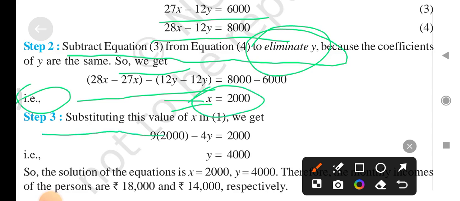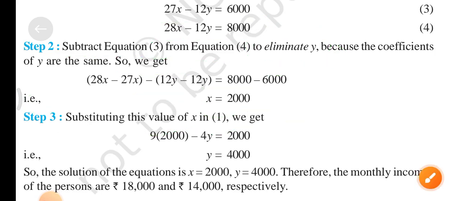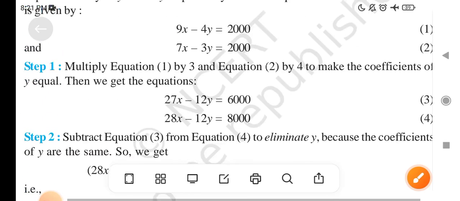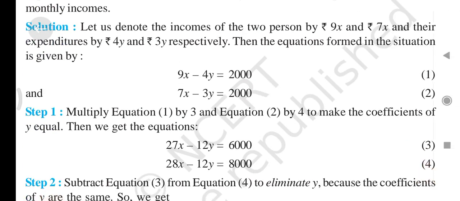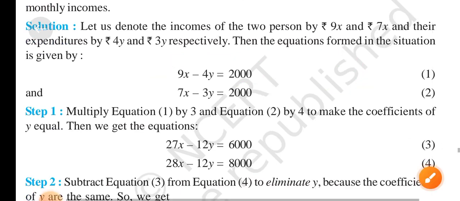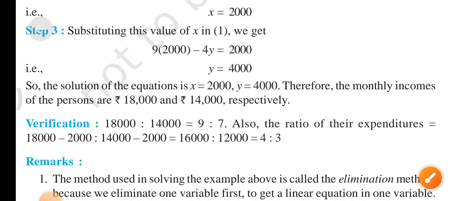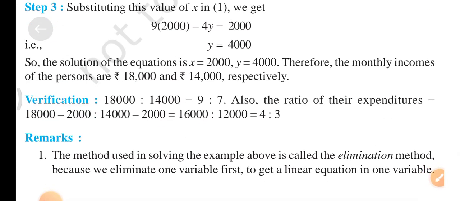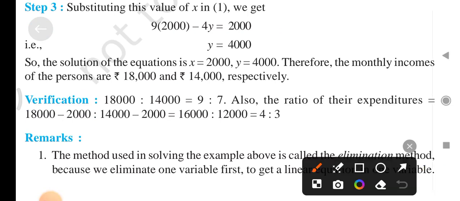Step 3. Substituting this value of x in equation 1, we get 9 into 2000 minus 4y is equal to 2000.